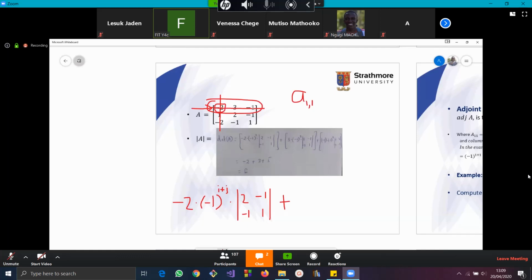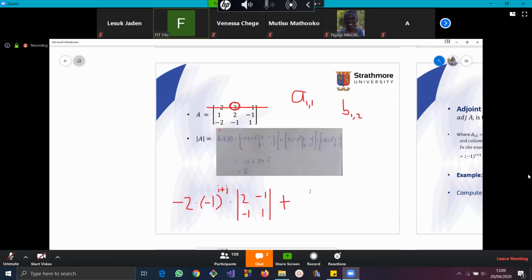Okay, fine. Column 2. So I will ignore row 1, column 2.